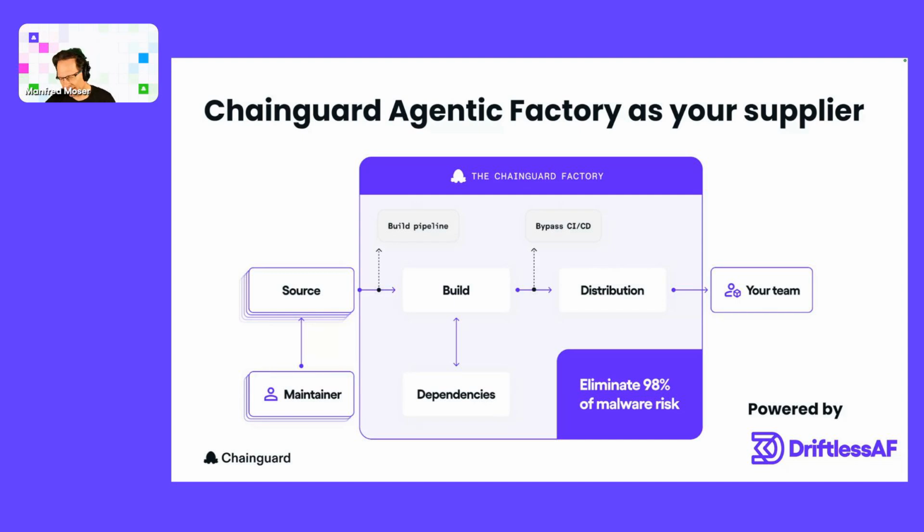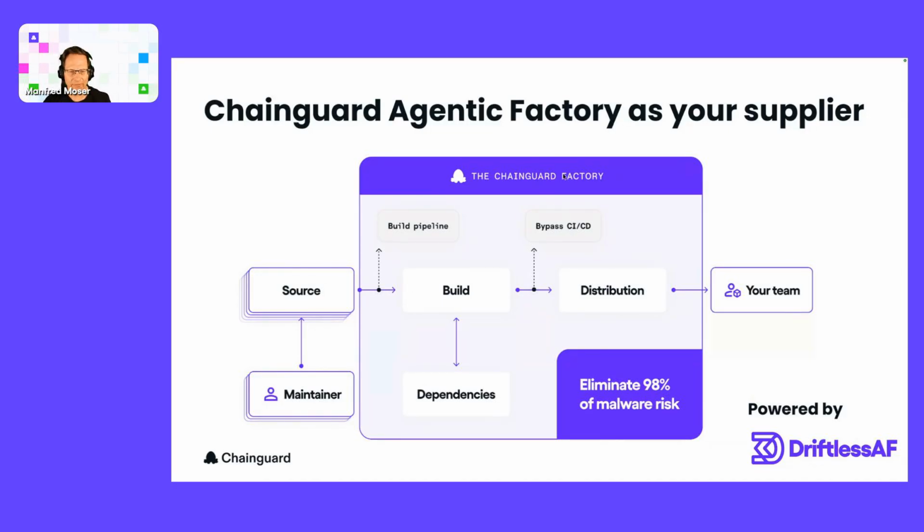So we want to understand the whole supply chain and provide you as our customer a solution where we can guarantee that what we give you is really only the open source libraries based off the source code that's vetted by the maintainers and not some other random stuff that got shimmied in via credentials theft and so on.